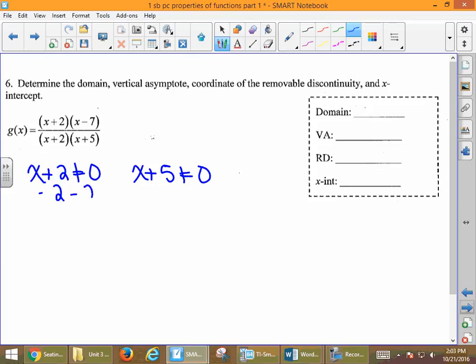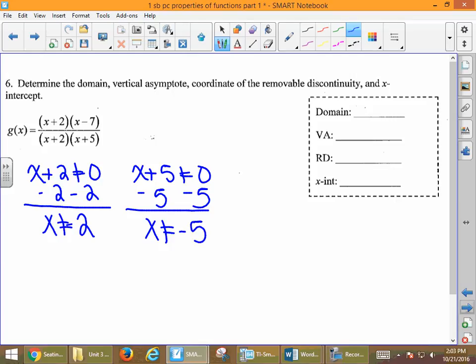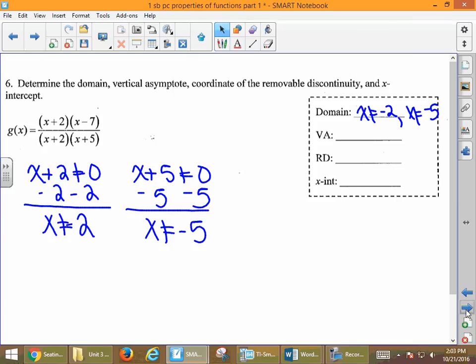Again, I'll show my work, but I hope that you can go directly to the fact that x doesn't equal -2 and x doesn't equal -5. That's our domain. Then, from there, what we have to determine is the vertical asymptote.